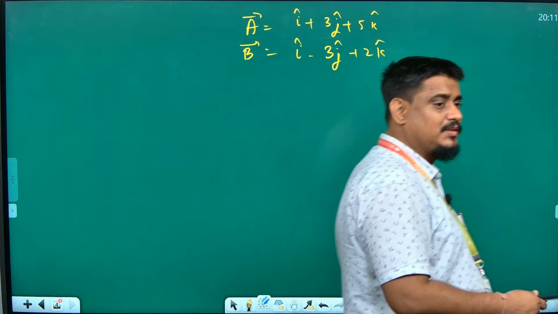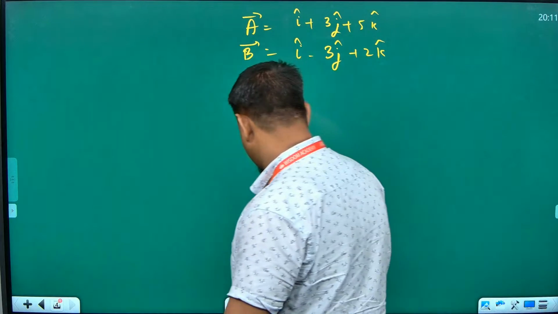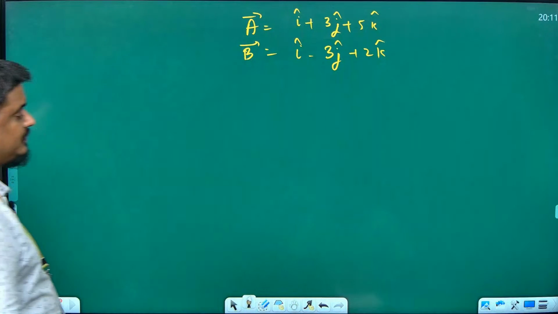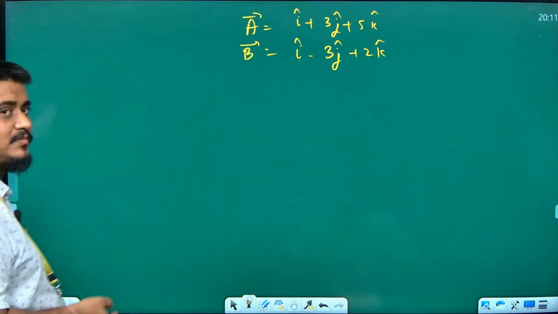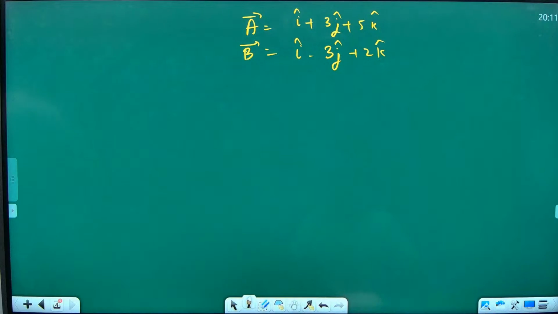Both the products, dot and cross, obviously both. Make it fast.